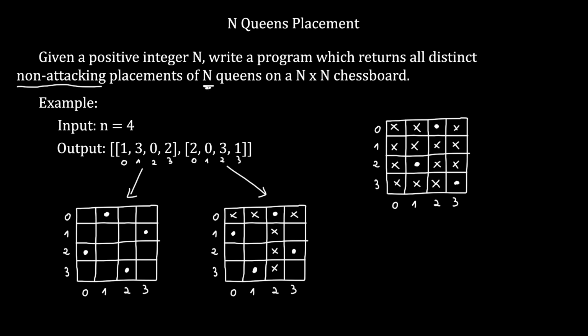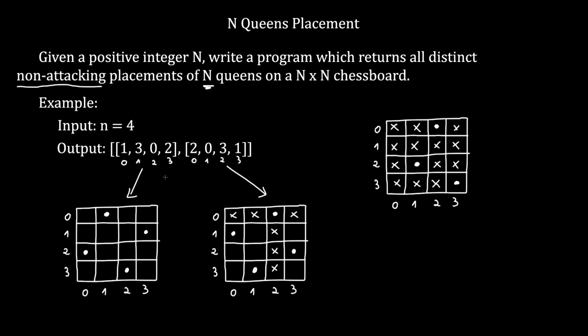And again, let's take a look at the output. Now everything makes sense. We basically, as I said, return the columns of the queens that are placed on the row given by the index of that element.